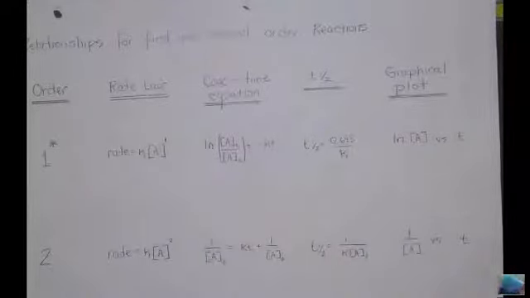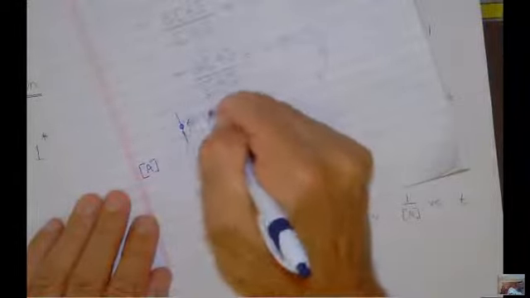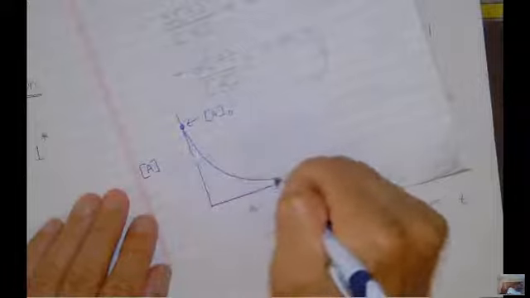So again, here's what the original graph would look like if it's second order. Here's time. Here's how much stuff you have left. If it's second order, it's going to come down steeply. Here's the original amount that you started with, that would be our A0. It's coming down super steep.